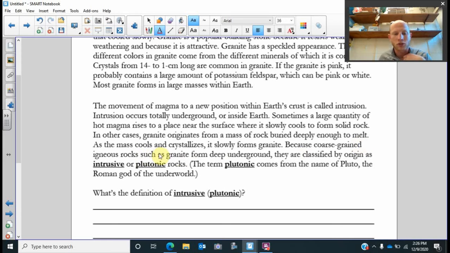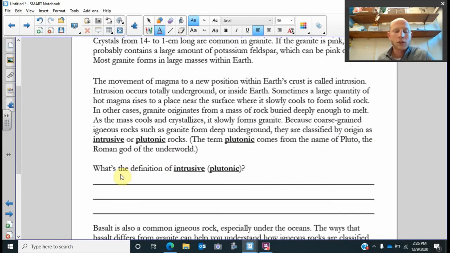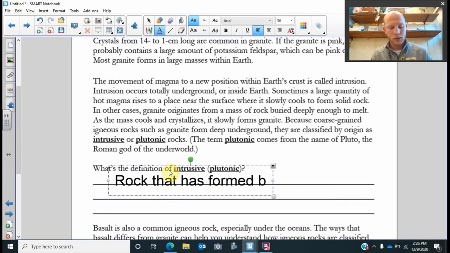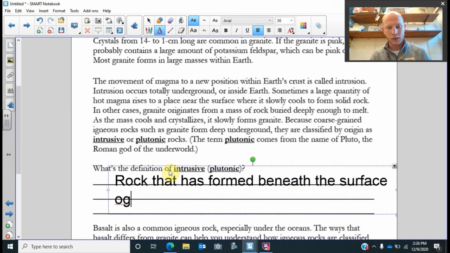Because coarse-grained igneous rocks such as granite form deep underground, they're classified by origin as intrusive or plutonic. So what's the definition of this guy? It's rock that has formed beneath the surface of the earth.